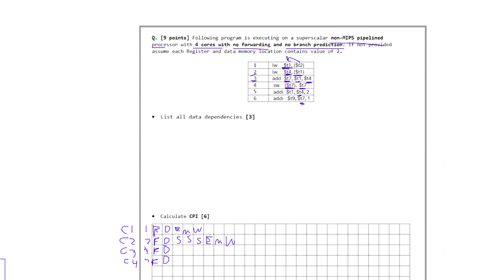Now instruction 3. This relies on both instruction 1's T1 and instruction 2's T4. So that means I'm not going to be able to exec this until after the W here. So all of these are going to be stalls.